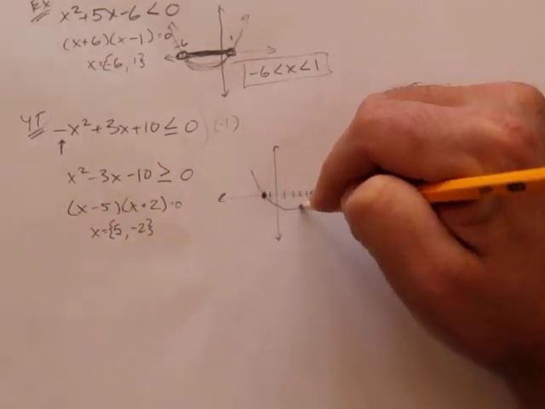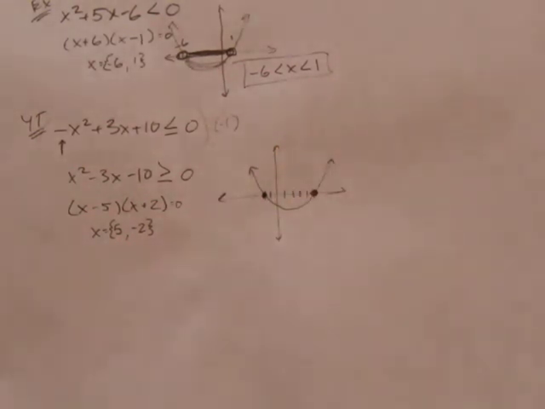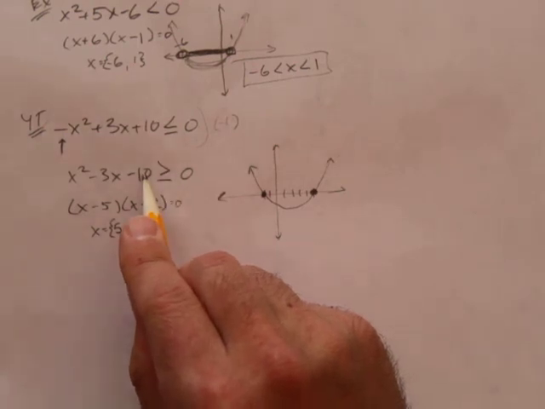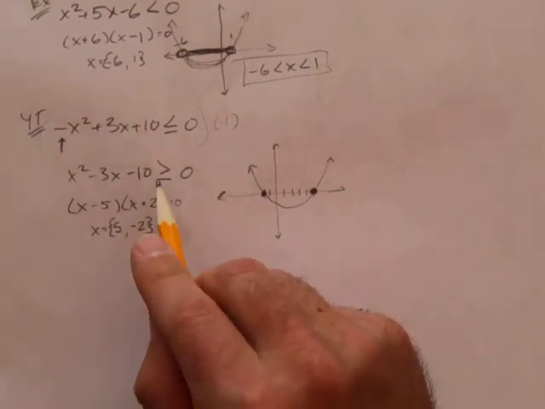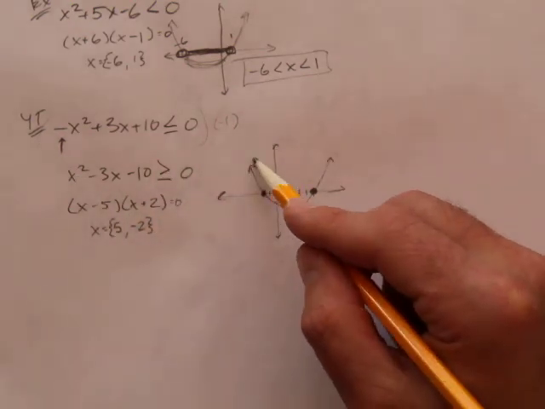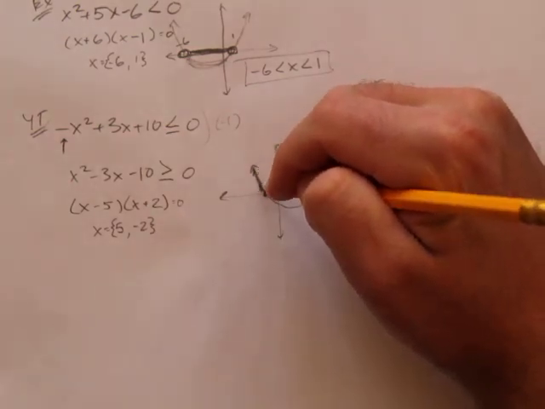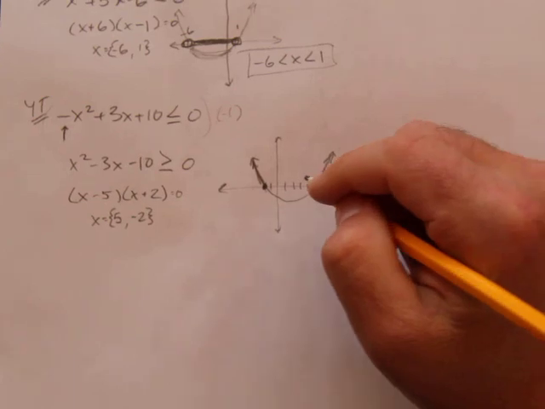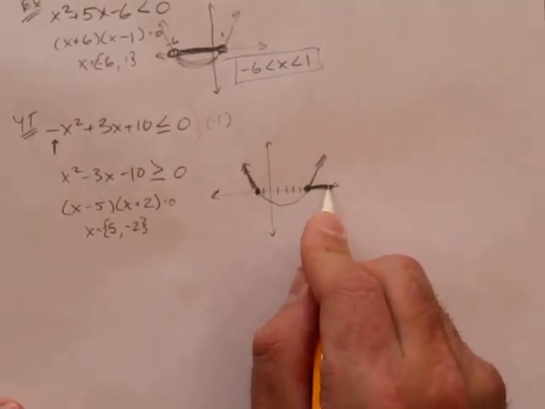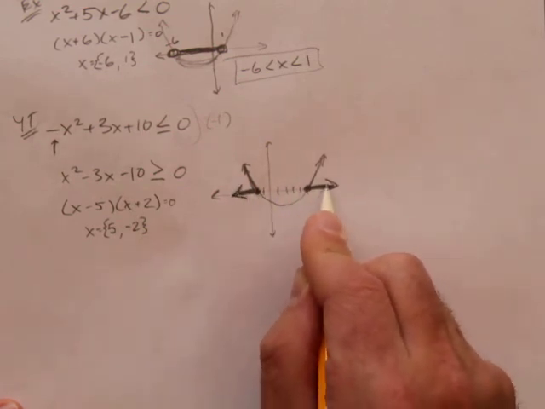Now, I look at this, I say this x value here is positive, so I'm going to make it go up like this. And then 0 is less than this, or this is greater than 0. So I'm looking at the part that's above 0, that's greater than 0. So that means on my number line, it would look like this, because I'm looking at the x values.